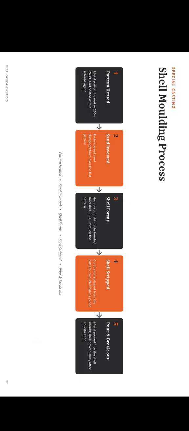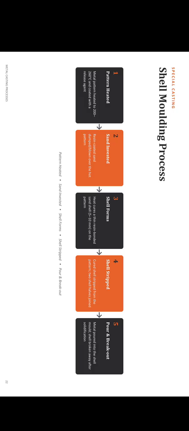Shell molding process. There are five steps: pattern heated, sand invest, shell forms, shell stripped, breakout. First, pattern heated: the metal pattern is heated to 200 to 260 Celsius and coated with release agent. Sand invest: resin coated sand is dumped or blown over the hot pattern.